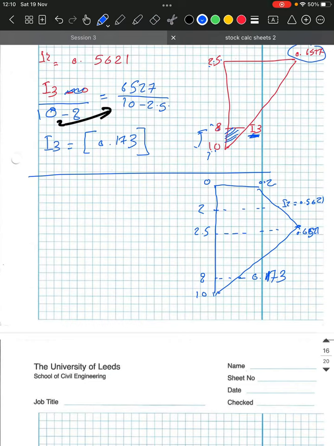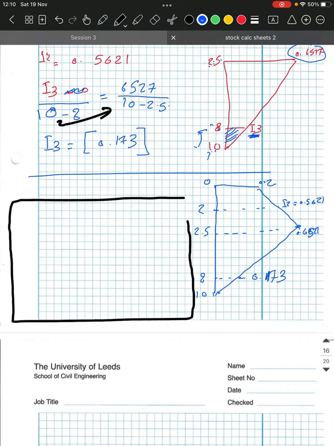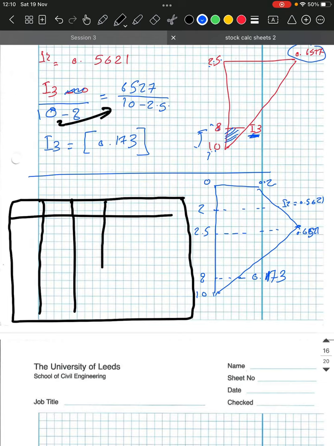I have to draw a nice table. Basically, I have to calculate some values now. This is the ES, the IZ average.